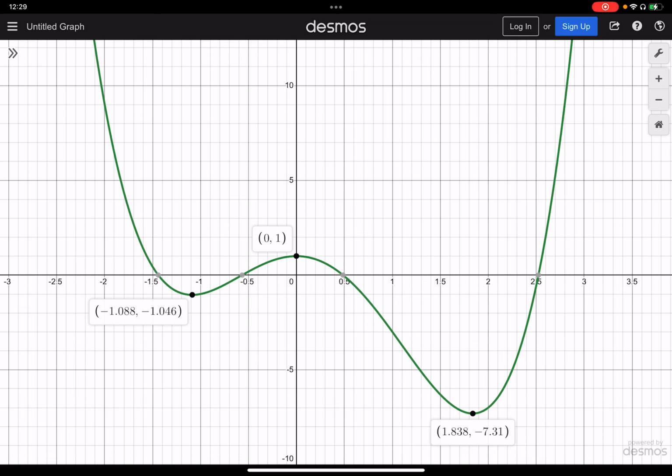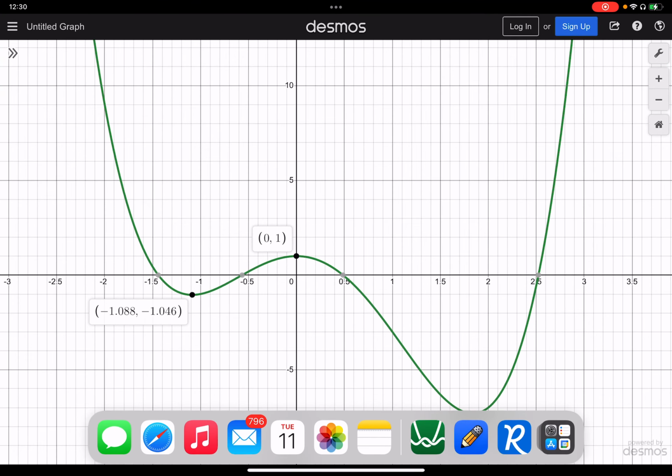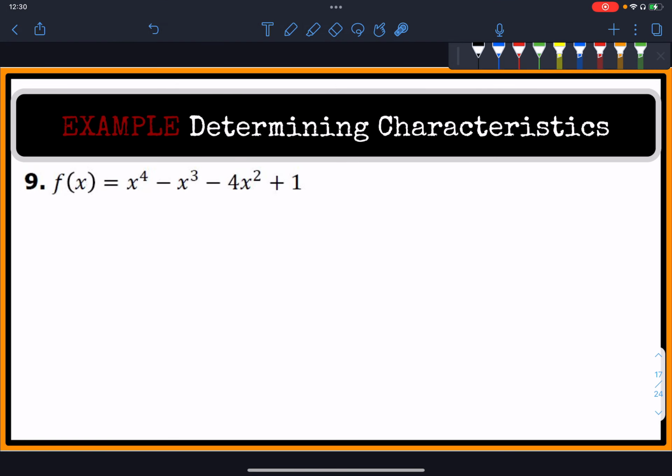So let's look at those key characteristics. Our relative max is at 0, 1. That is an x and y value.